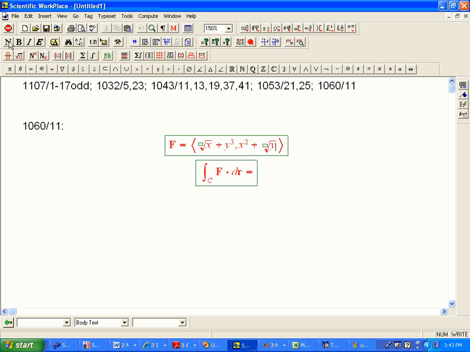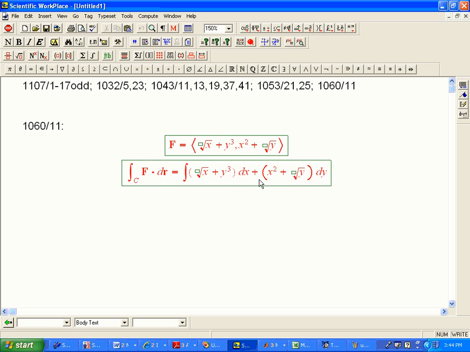We could also express this, if we wanted to, we don't always have to do this, as root x plus y cubed dx plus x squared plus root y dy.